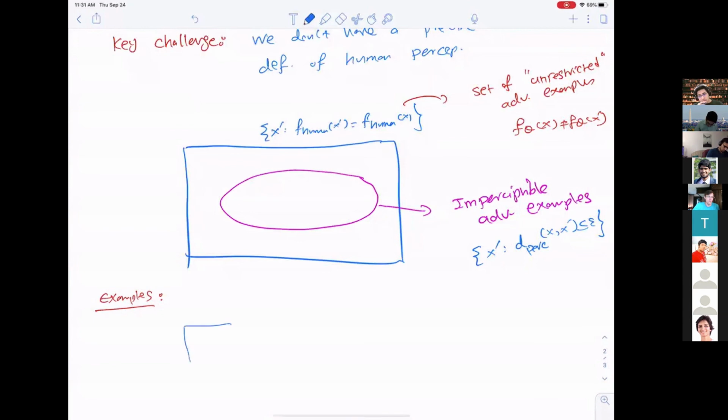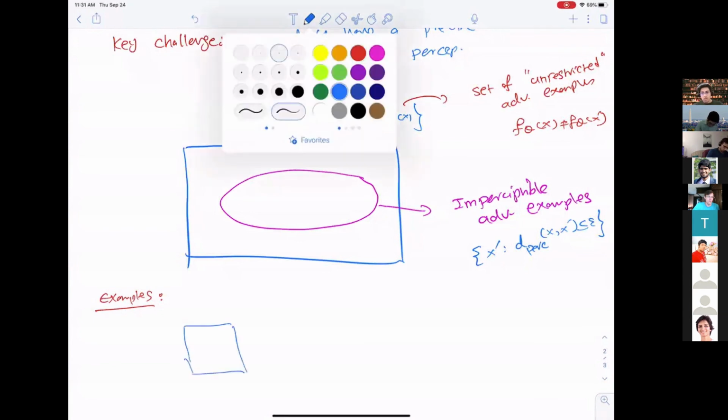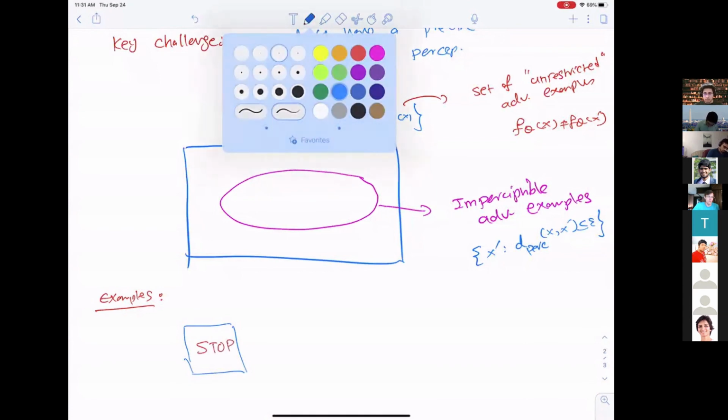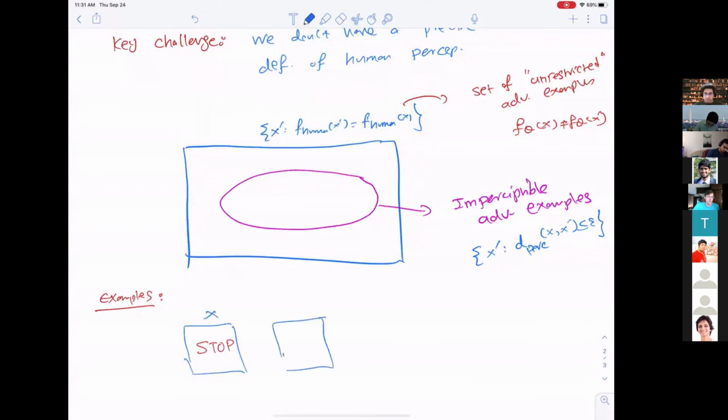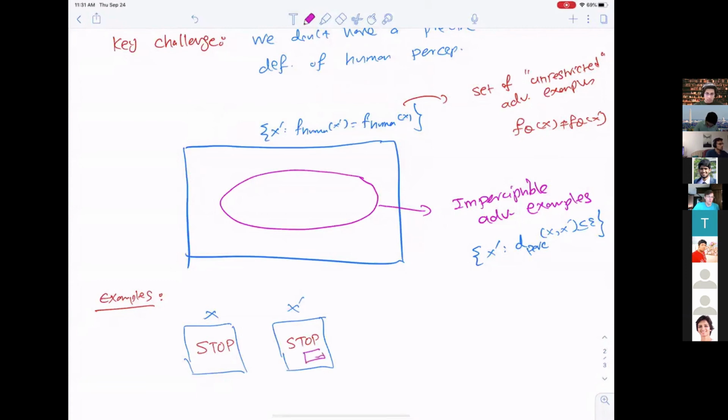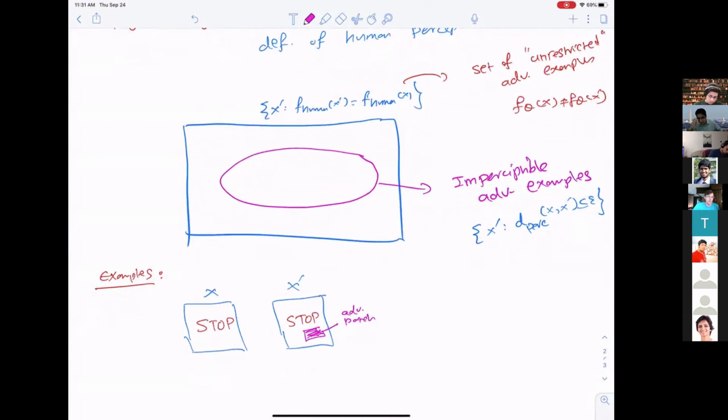Let's say I have a stop sign, maybe the red stop sign. That's my X. Now I'm going to create an adversarial example by adding an adversarial patch to it. Let's say I have a patch. It's like an adversarial patch. So I'm perturbing X using this patch, but humans can tell the difference.